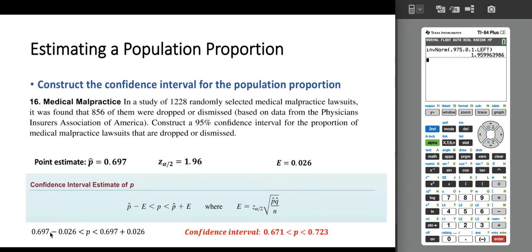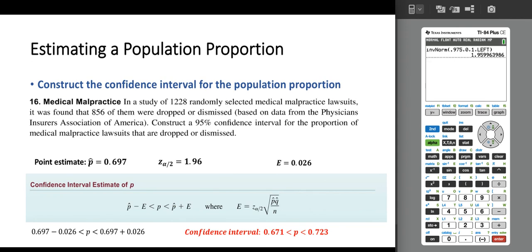So 0.697 minus 0.026 and 0.697 plus 0.026. And so our confidence interval is that the true proportion is going to be between 0.671 and 0.723. We are 95% sure it's going to be between those two numbers.